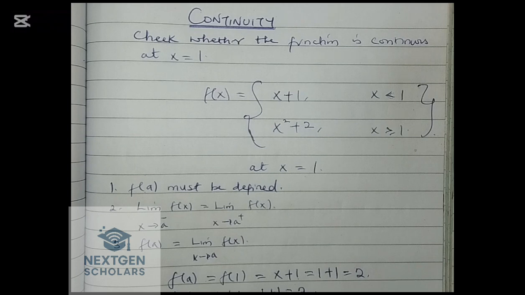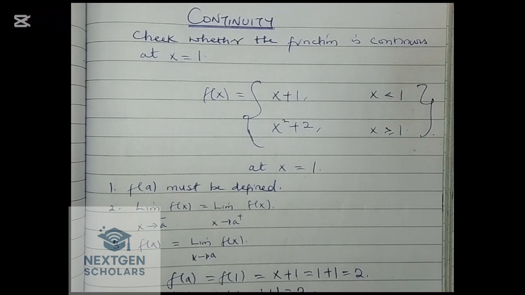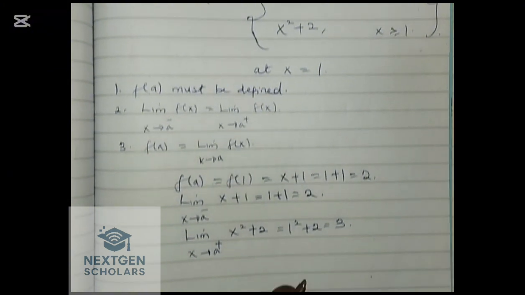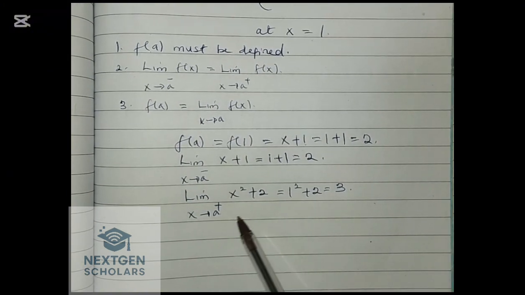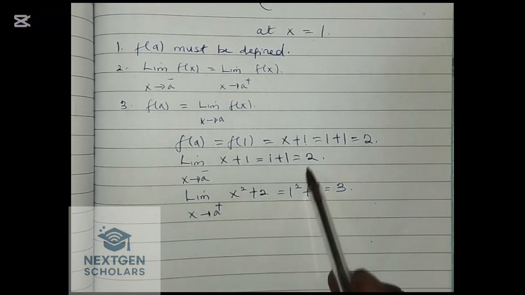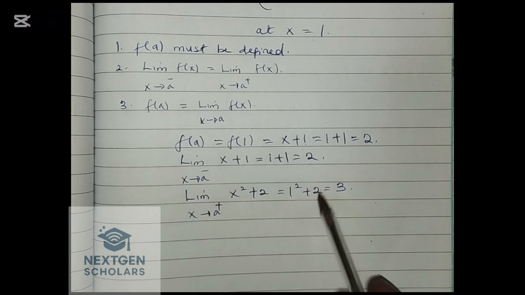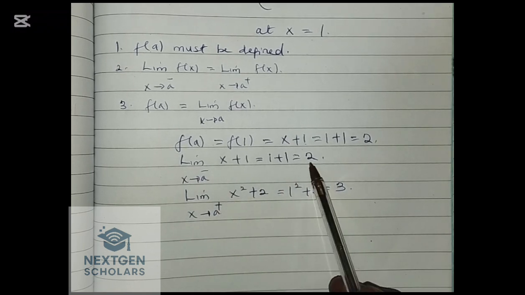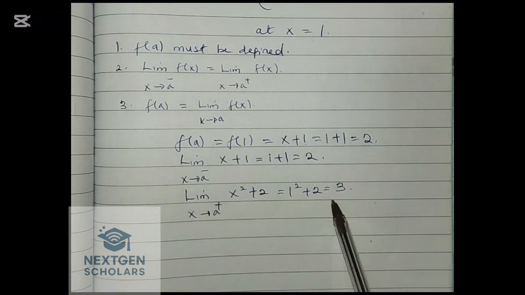Now you can see that f of a is defined at x equals 1, but the limits of these functions are not the same. To the left of a we got 2, to the right of a we got 3.